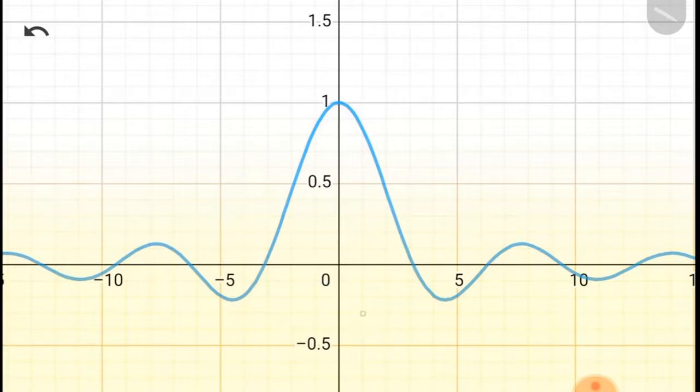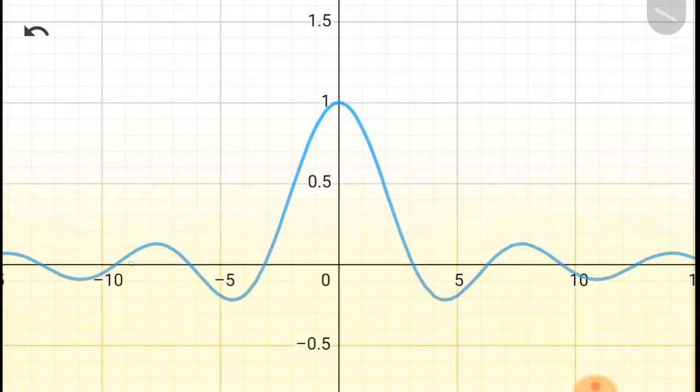As we approach 0 from the negative side, we see that the value of the function approaches 1. And if we approach from the positive direction, we see that the value of the function approaches 1. That means as you make theta closer and closer to 0, the value of the function approaches 1.